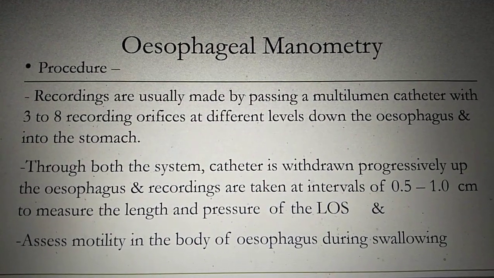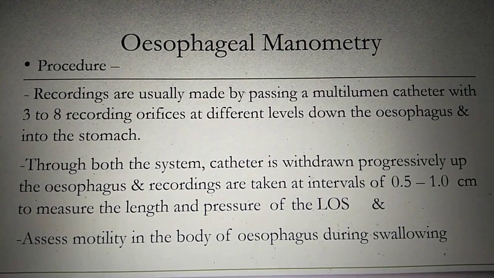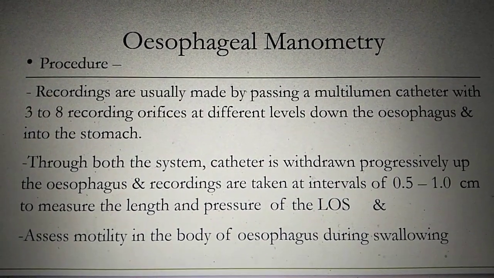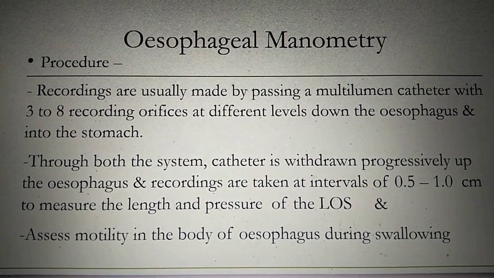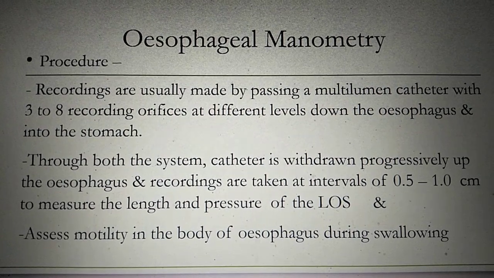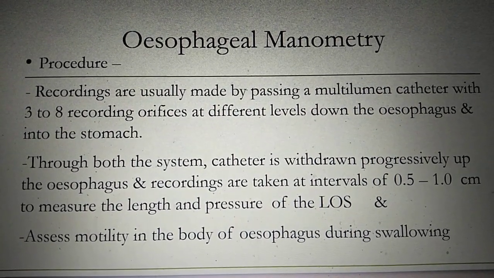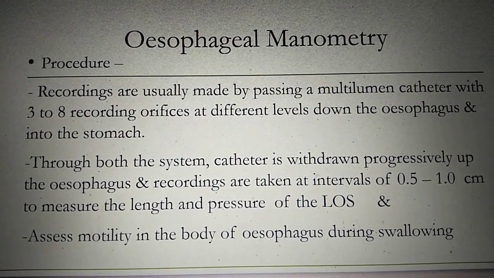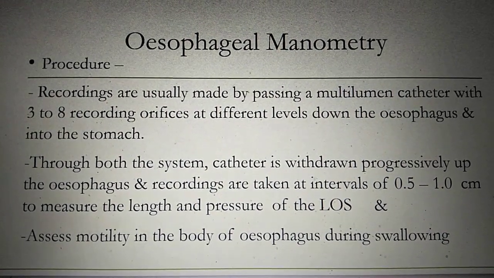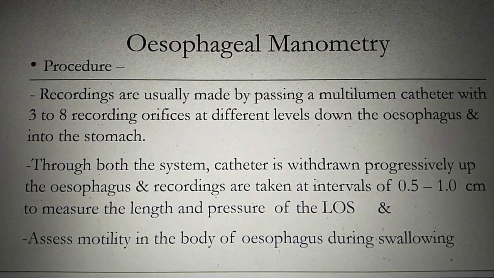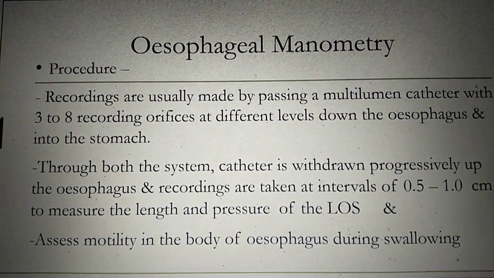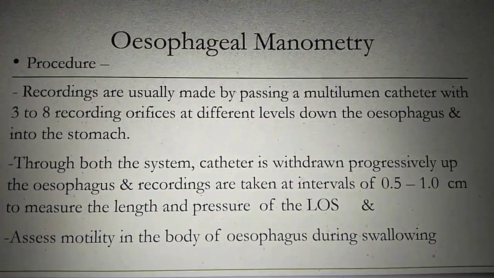Through both the systems we have discussed earlier, the catheter is withdrawn progressively up the esophagus and recordings are taken at intervals of 0.5 to 1 centimeter to measure the length and associated pressure of the lower esophageal sphincter. And finally, with the help of this, we can assess the motility in the body of the esophagus during swallowing.